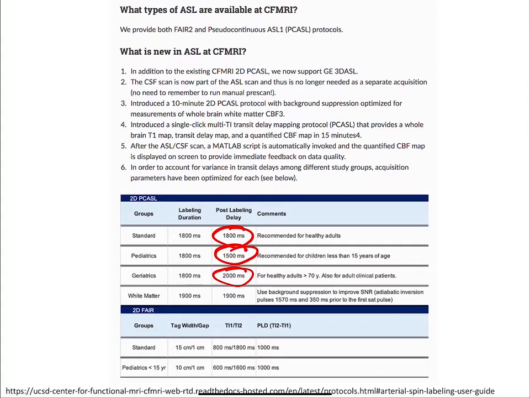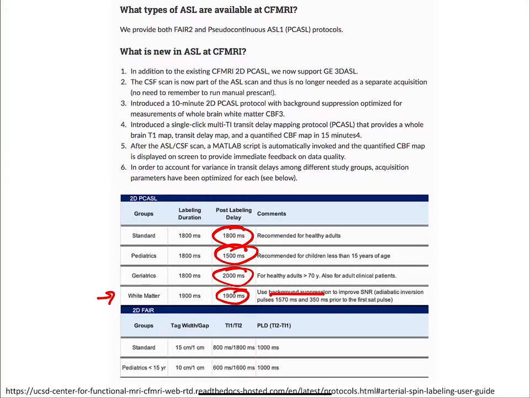You'll notice we also have something called the white matter protocol, which has a fairly long post-labeling delay as well. In addition, it uses what's called a background suppression pulse. The idea is that blood flow in white matter is even less than in gray matter, so you have even less signal.